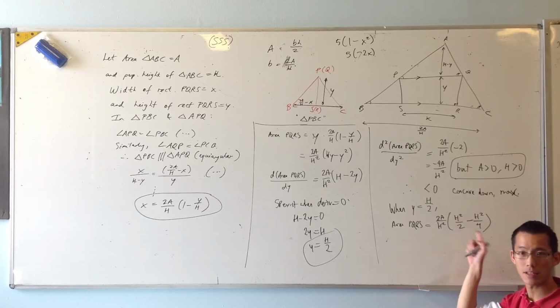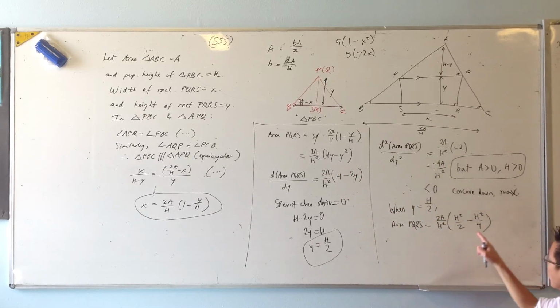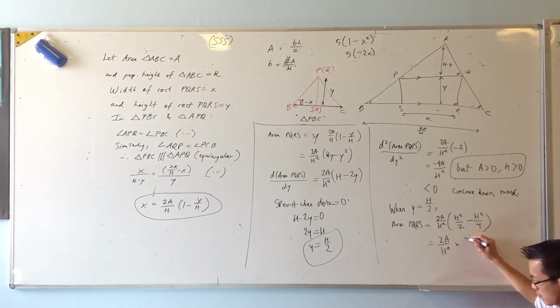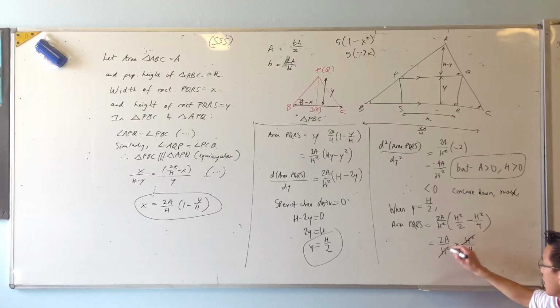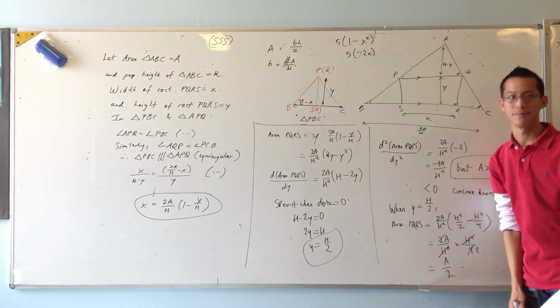Now check out, you see where my substitution has gone in here. What you've got here is 2a on h squared times h squared on 4. A half minus a quarter is just a quarter. H squared cancels, 2 cancels, leaving you with a 2 on the bottom, and it's half the area, as we were hoping.